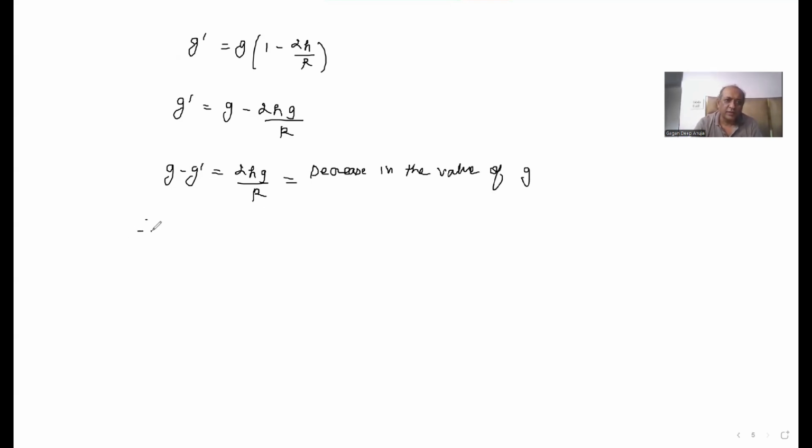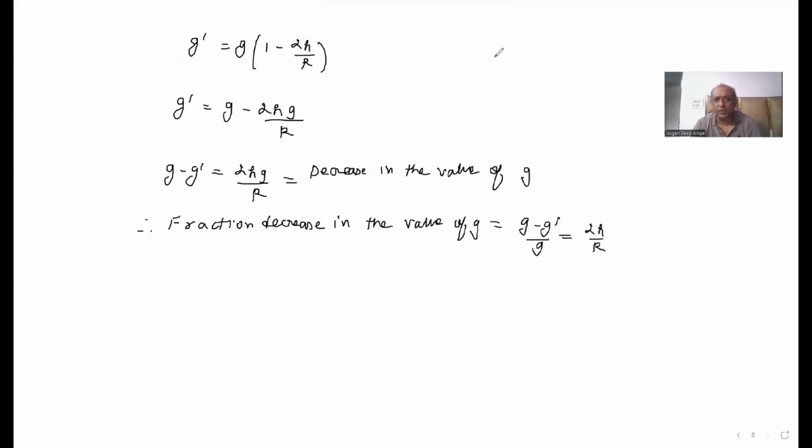And if you want to find the fractional decrease in the value of G, the fractional decrease will be equal to G minus G dash divided by G. So that will be equal to 2H divided by R. And if you want to find the percentage decrease in the value of G, the percentage decrease will be equal to G minus G dash divided by G into 100.